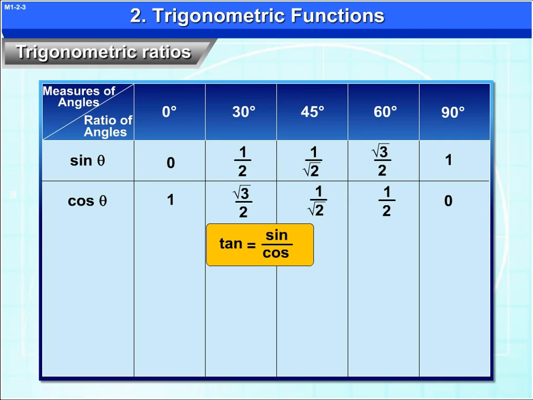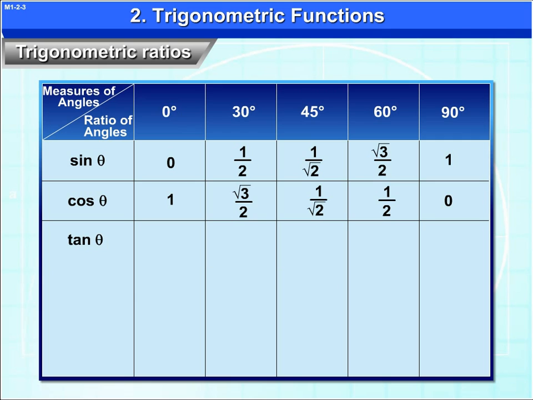Now, we know that tan is equal to sine upon cos. So let us find those values. 0 upon 1 is equal to 0. 1 upon 2 upon root 3 upon 2, 2 gets cancelled. So that equals 1 upon root 3. 1 upon root 2 upon 1 upon root 2, root 2 gets cancelled.